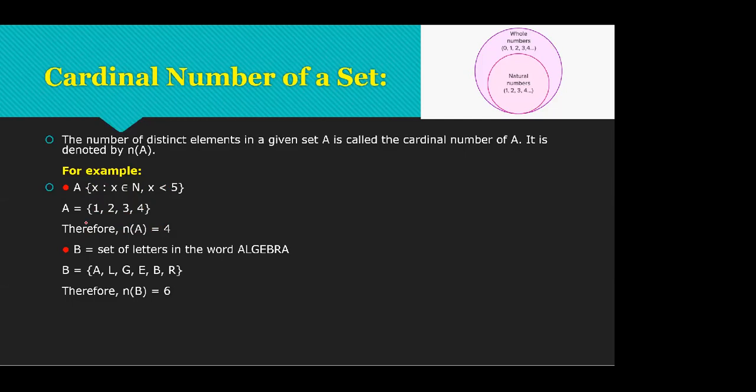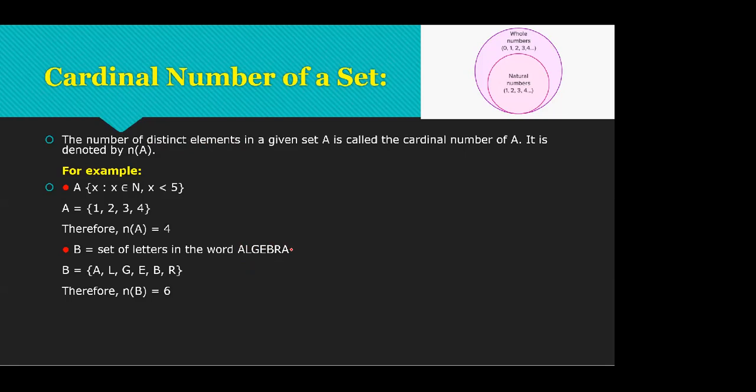Yes, sir. So set B is the set of letters in the word algebra. But here, the definition of cardinal number says the number of distinct elements. So if we count the distinct elements here, it would be 1, 2, 3, 4, 5, 6. Is this A included?